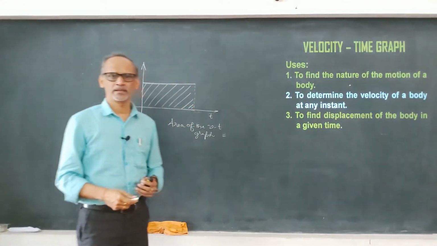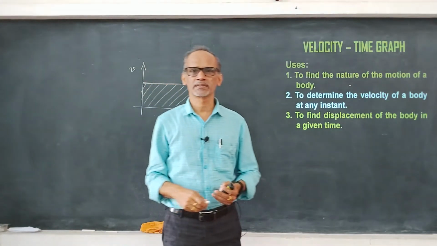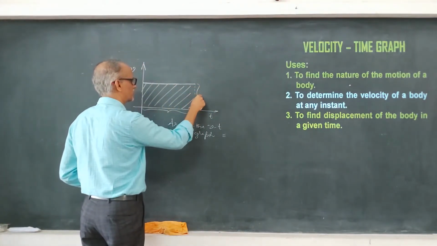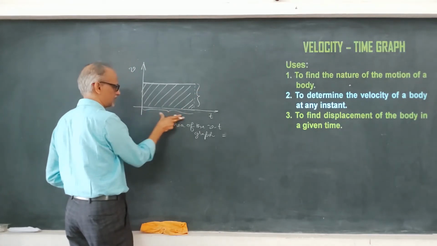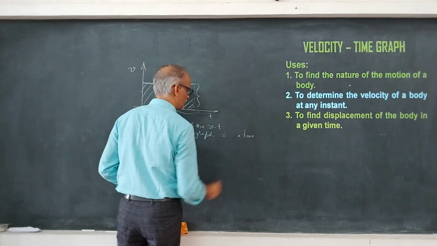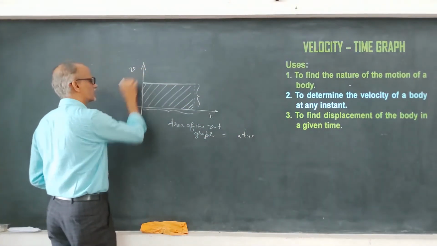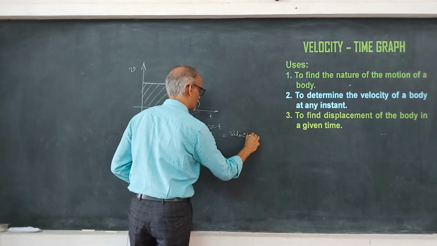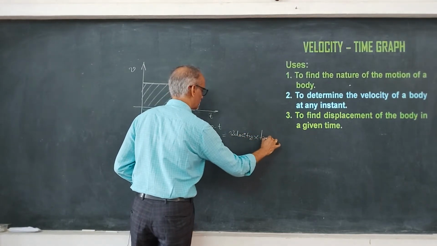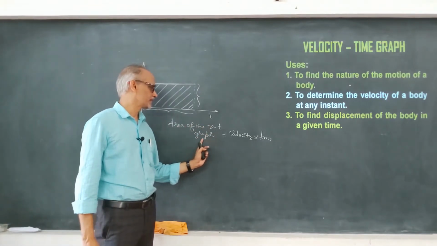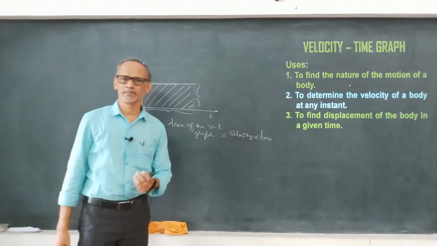How do you find the area of a rectangle? Length into breadth. Length is this, this is the breadth. So length is time, into the breadth, which is nothing but velocity. Correct? So the area of the VT graph gives velocity into time.